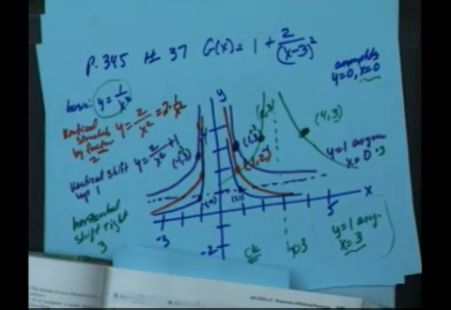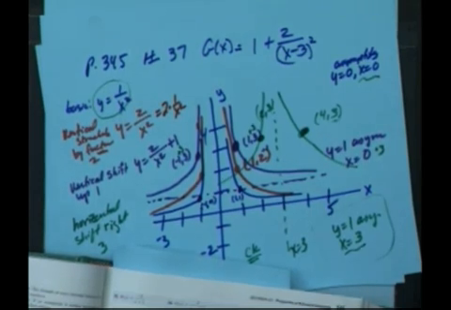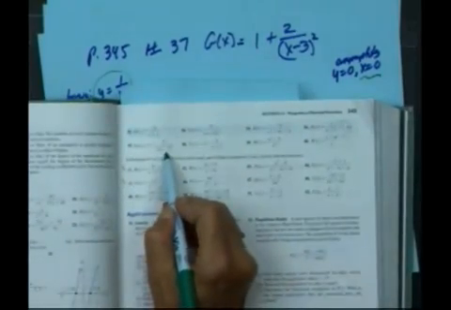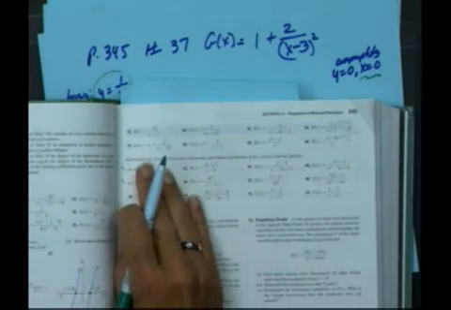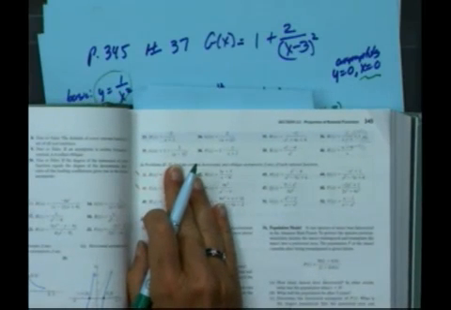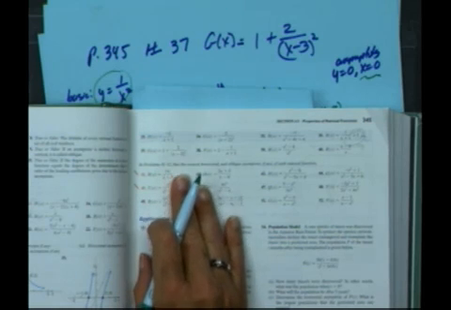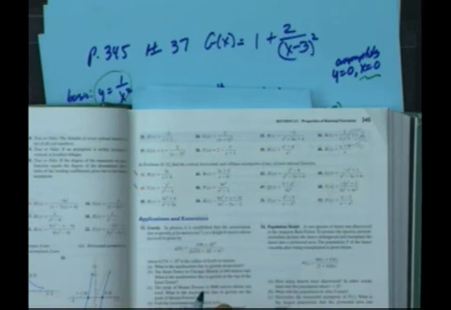That came with your horizontal shift. But if you look at the function in number 37 before you did anything to it, you would automatically know x could never be equal to 3. So your vertical asymptote is x equal to 3. Is that good? Yeah. All right.